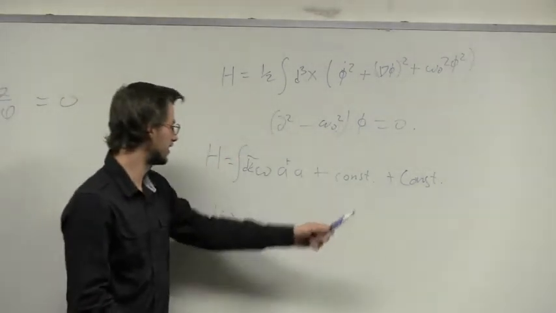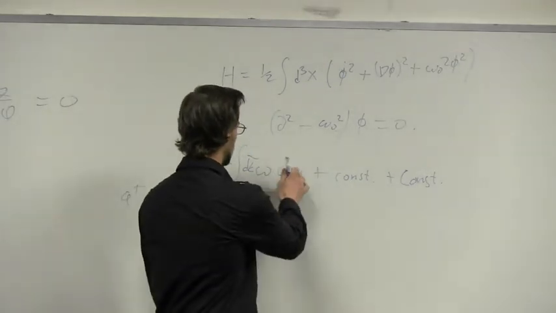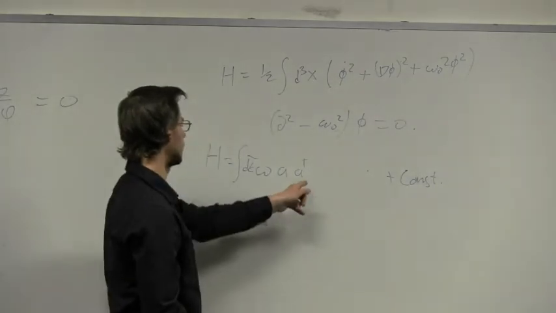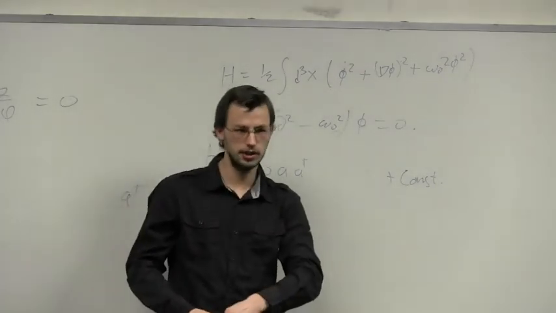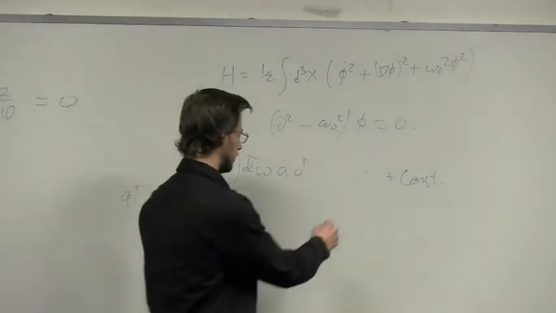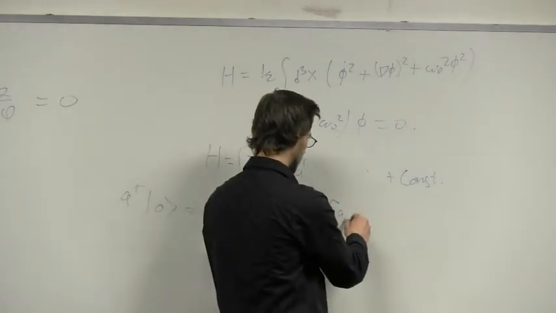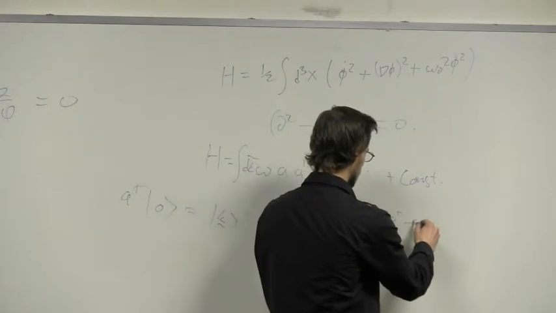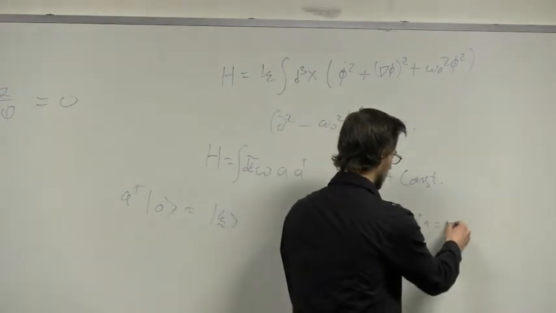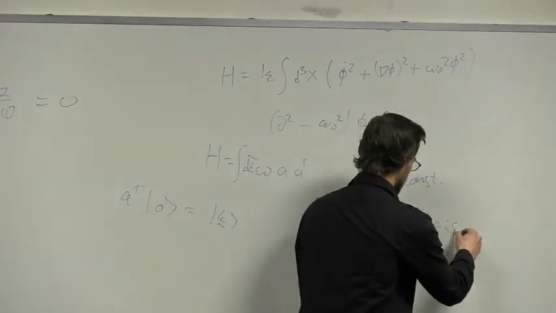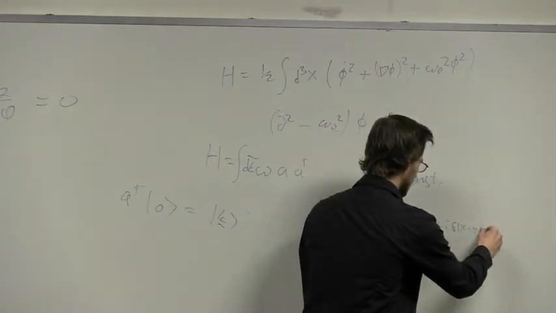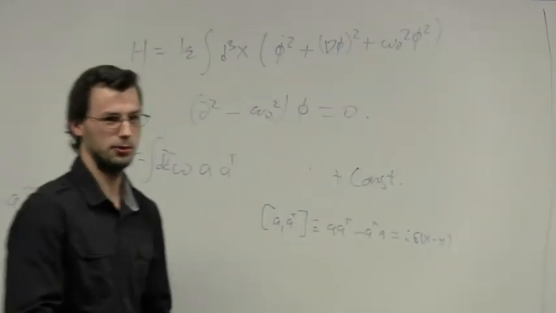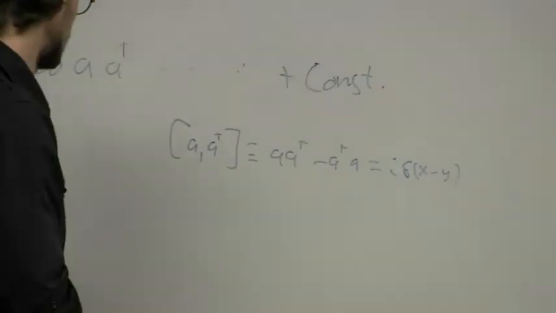What you actually have is A dagger A without this constant. Then, using commutation relations, which you'll learn, between A and A dagger, which is defined to be A A dagger minus A dagger A, and no units because who cares about those? They're all one. Yeah, exactly. H bar equals c equals 1 here, so don't worry about those.